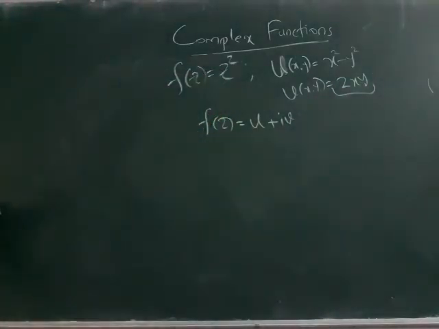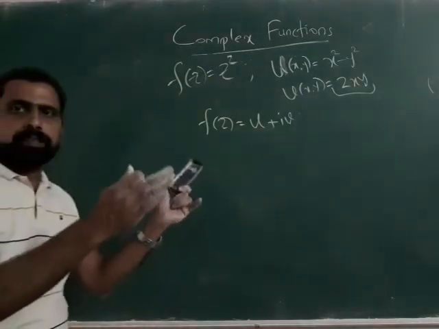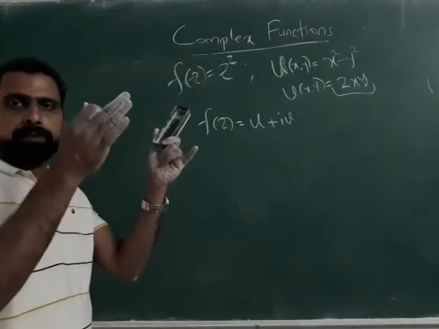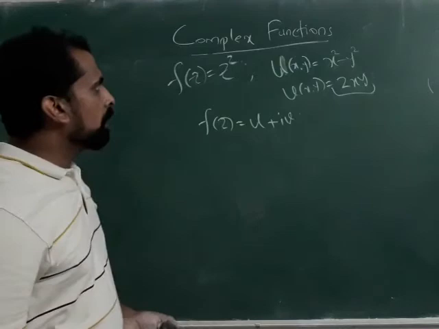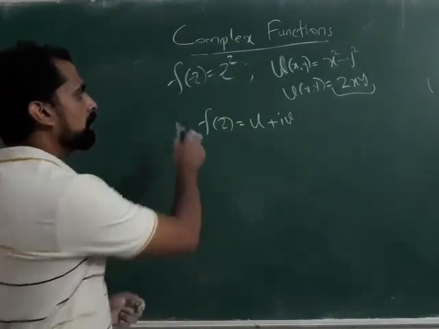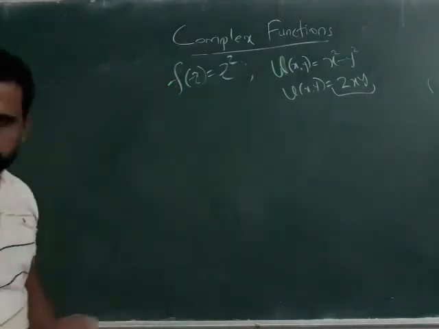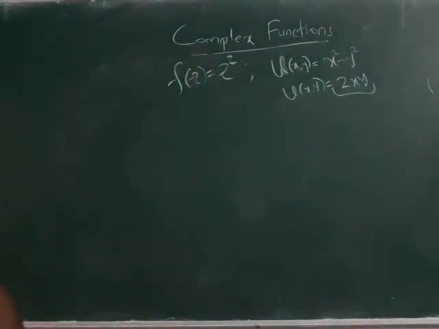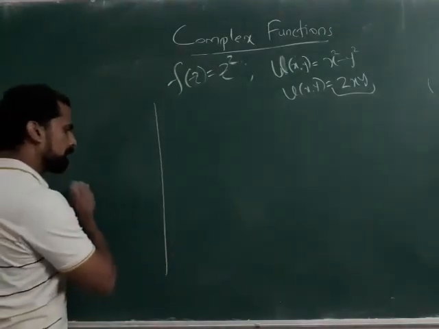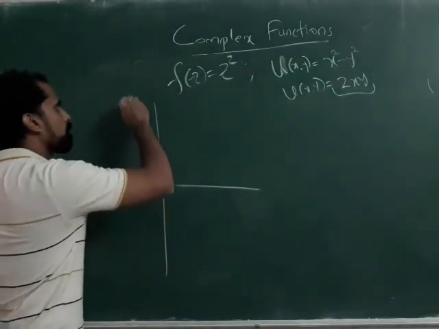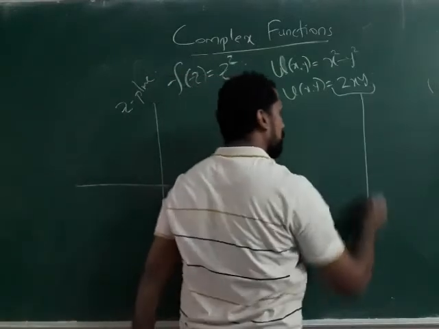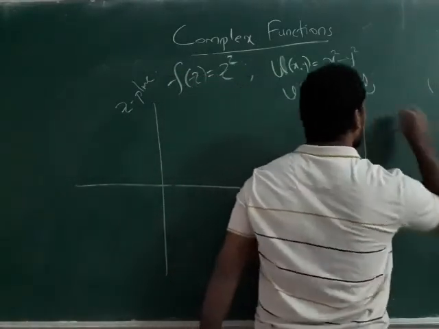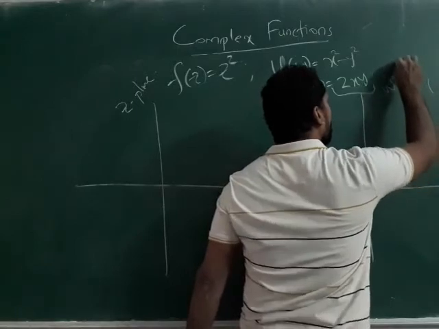Understand? Now how to plot it, how to make the corresponding mapping from the z plane to the w plane, that we have to see. For doing that, I will just draw my z plane, and this is my w plane.